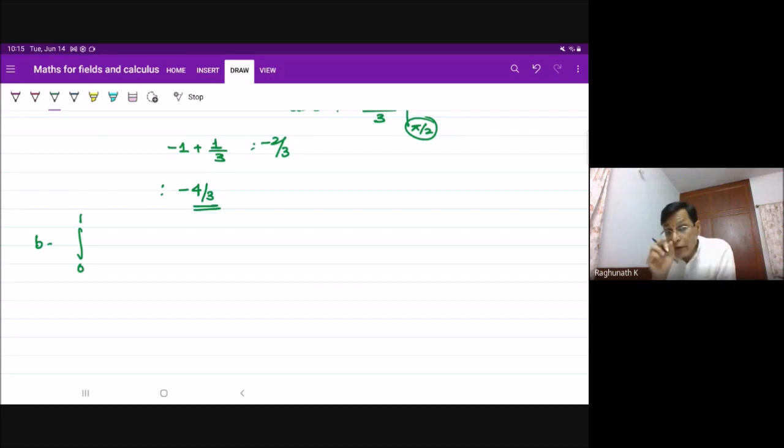For f bar dot dl bar, if you reverse the direction, definitely there will be a difference in the sign. When it is a scalar dl, whether it is 0 to 1 or 1 to 0, it should not give me different answers, right?